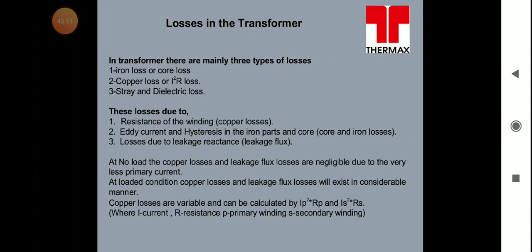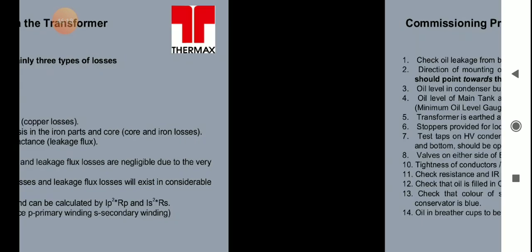Already we discussed iron loss or core loss, copper loss or I square R loss, stray and dielectric loss. Resistance losses also, resistance of the winding, copper loss we can say, eddy current and hysteresis in the iron parts and core, and losses due to leakage flux. These are some of the losses in the transformer.